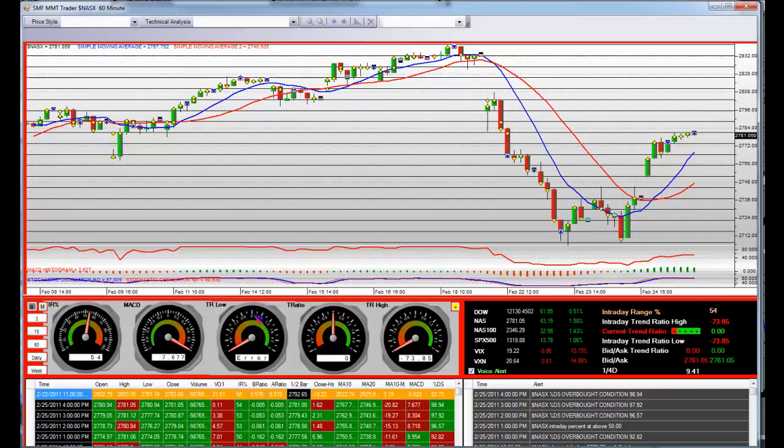The other thing about it is that the trend ratio low gauge will be in the positive side and or very diminished on the negative side, like right to there. But then you bounce and start running that way, you know you got to get net long using that gauge.